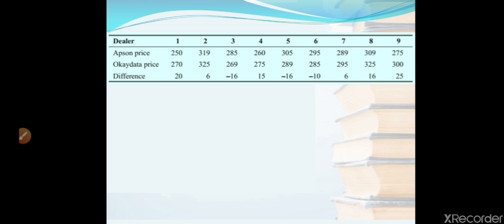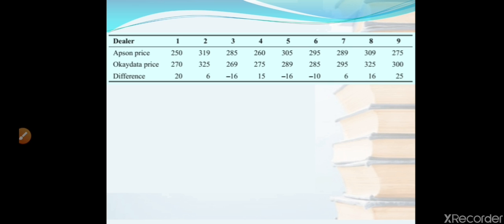So here we have to find out, at alpha equal to 0.05, is it reasonable to assert that on average the OK Data printer is more expensive than the Epson printer?